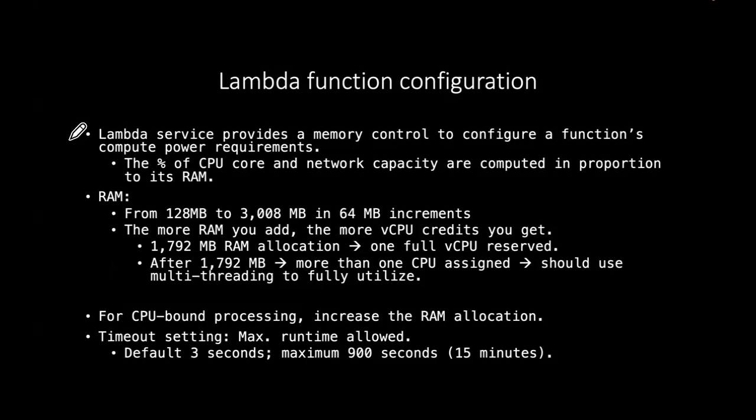As well as configuring the RAM, the other thing you need to do is indicate a timeout setting. The timeout indicates the amount of time you expect your Lambda function will need before it completes its processing.